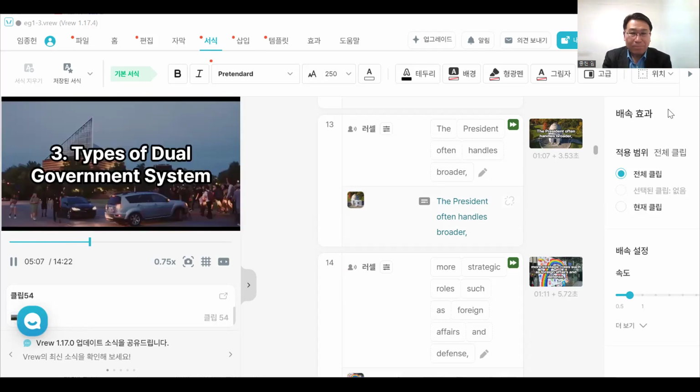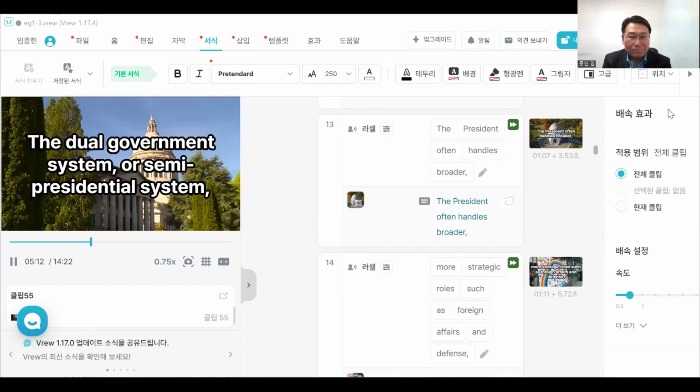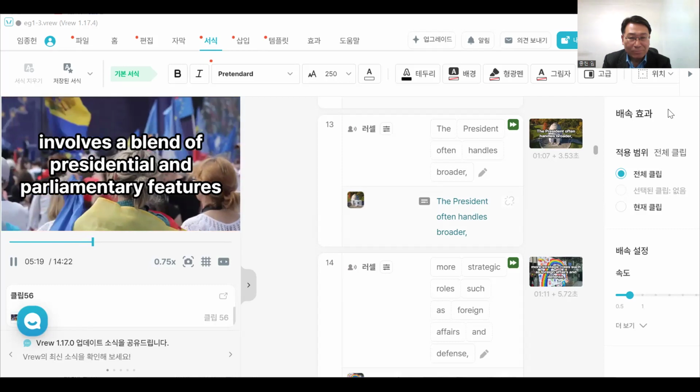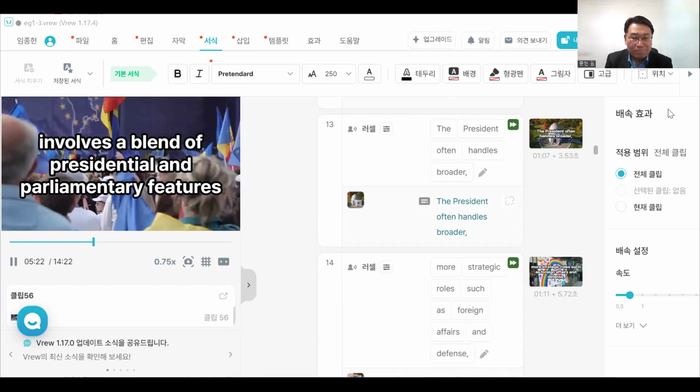3. Types of dual government system. The dual government system, or semi-presidential system, involves a blend of presidential and parliamentary features.